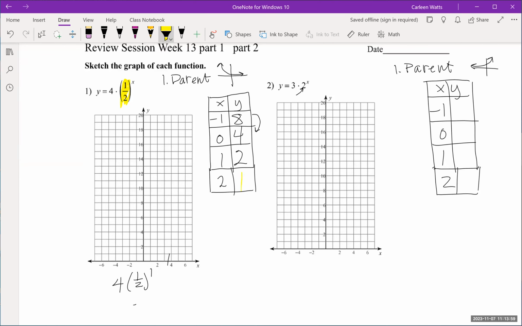So when this is 2, this is 1. You only have to do a table that has 3 values, but sometimes we like to do 4 values. -1 is 8, 0 is 4, 1 is 2, and 2 is 1.